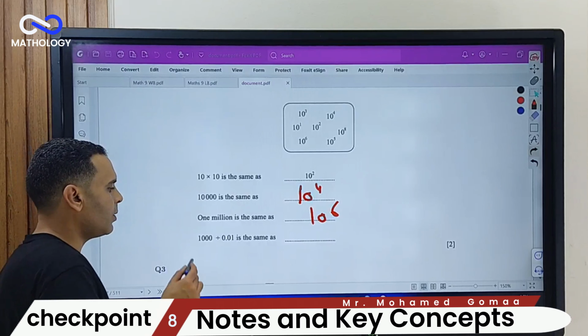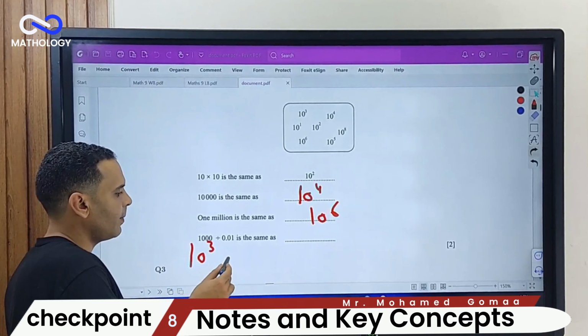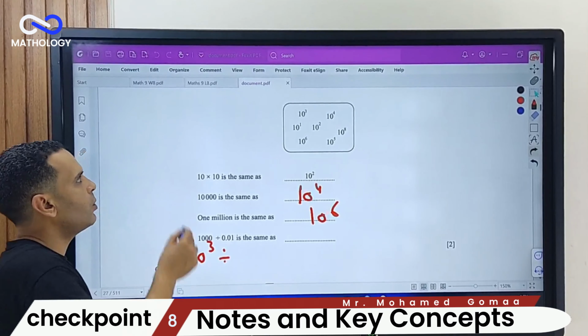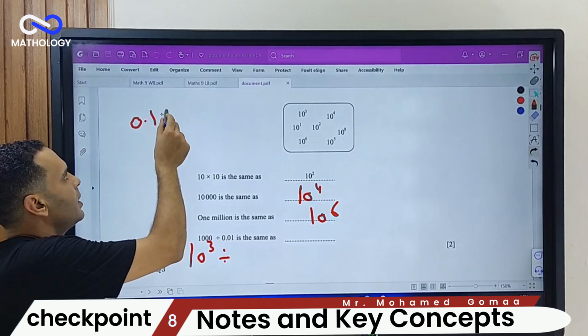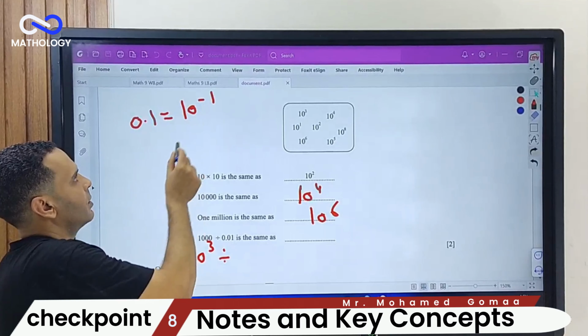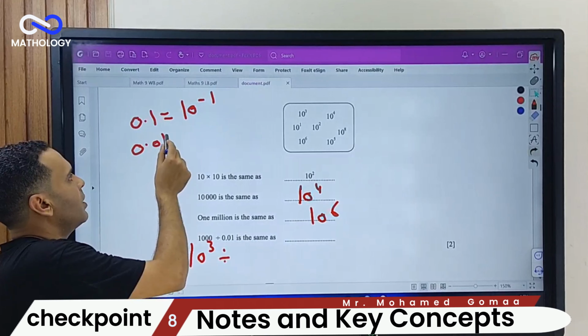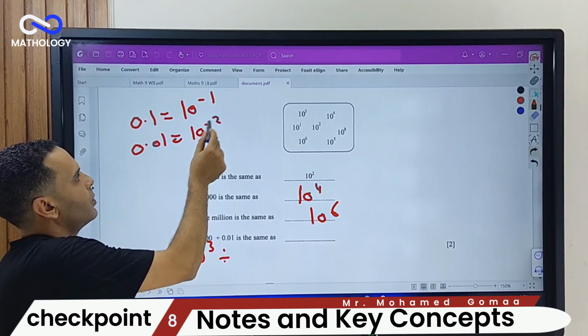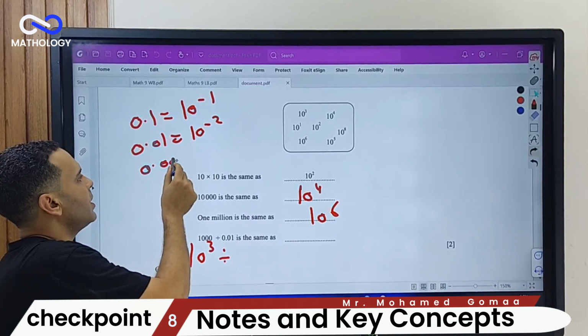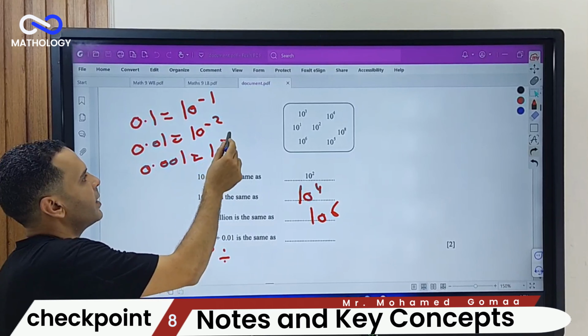1,000, which equals 10 power 3, divided by 0.01, which equals 10 power negative 2. 0.001 equals 10 power negative 3.